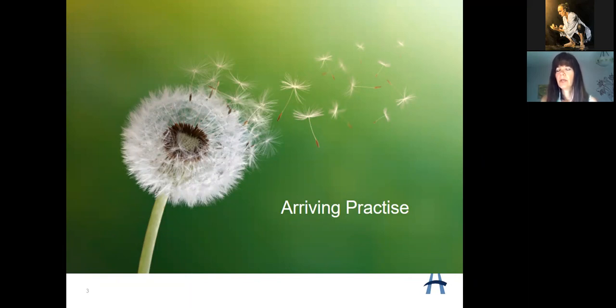And in this pause, we have the ability to choose how we wish to move forward. And so perhaps set an intention for yourself as we bring this practice to a close as to how you wish to go through the next 40 minutes together.